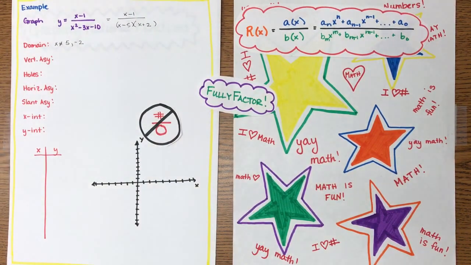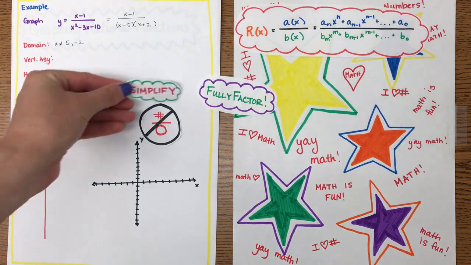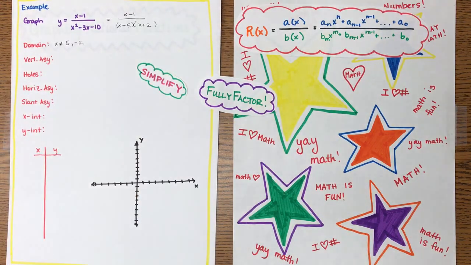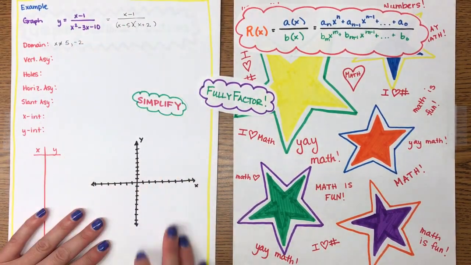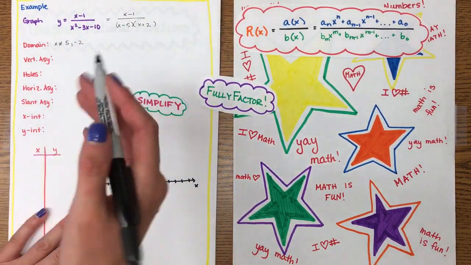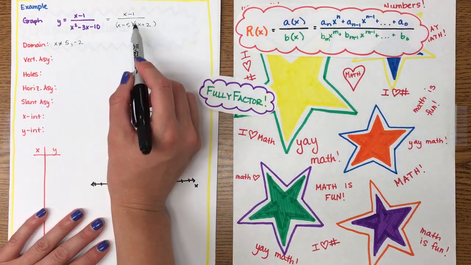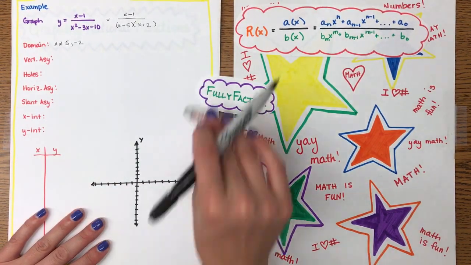Now that I have fully factored this, I'm going to try to simplify by canceling out any factors in the numerator and denominator that are common. And I don't have any factors in common, so this is fully simplified.